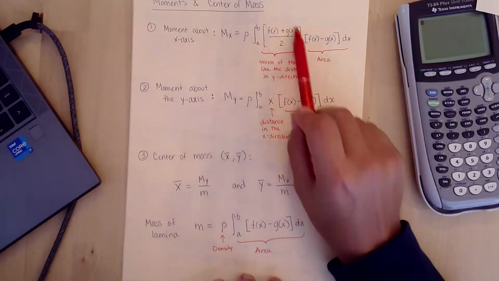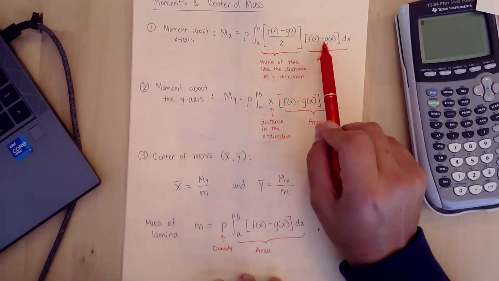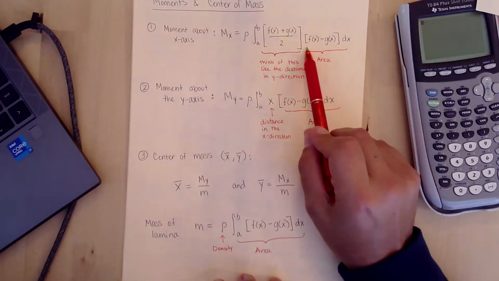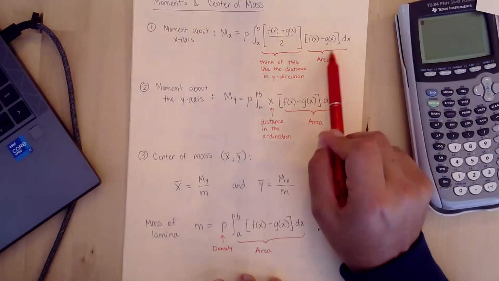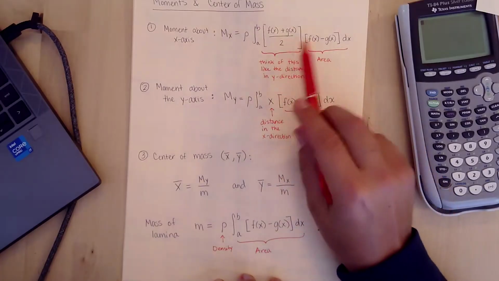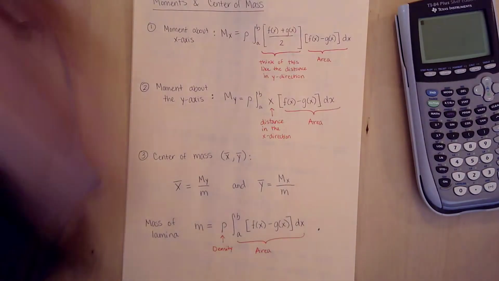That's the distance in the y direction times f of x minus g of x dx, and that is the area of the planar lamina. You can think of that as analogous with those definitions of moments in the y direction.